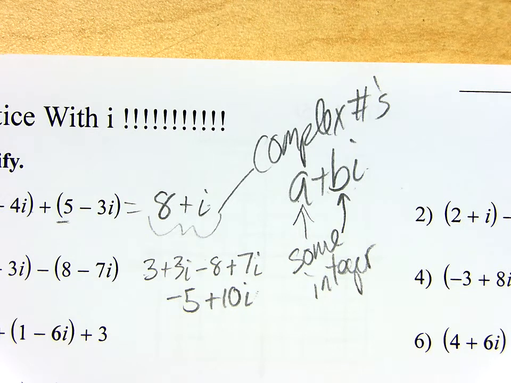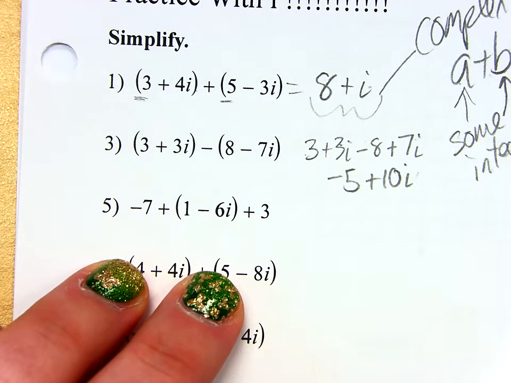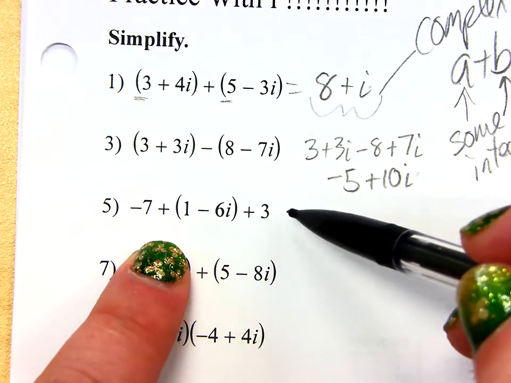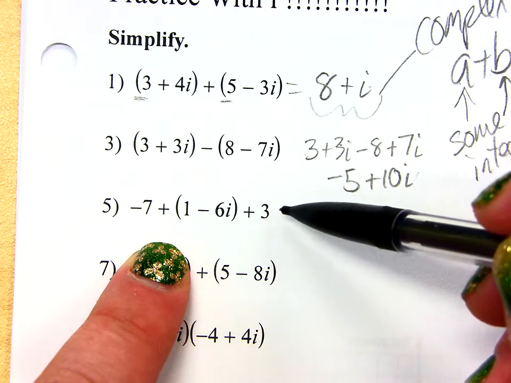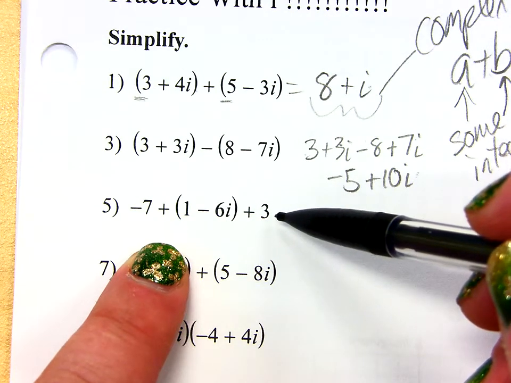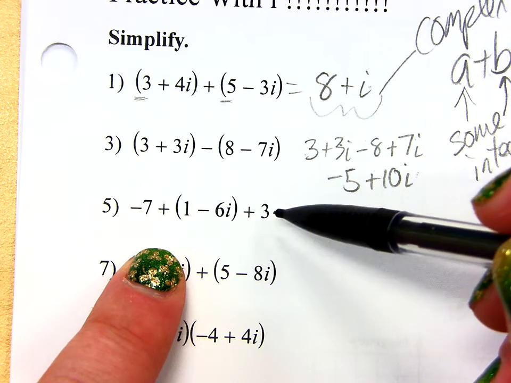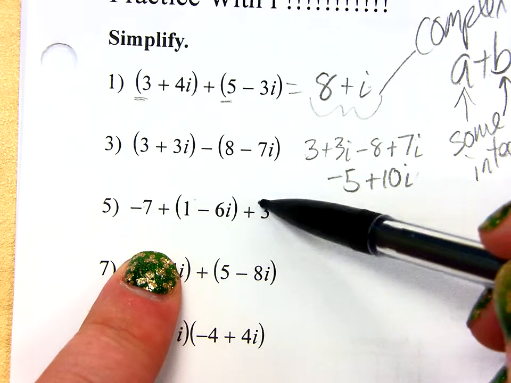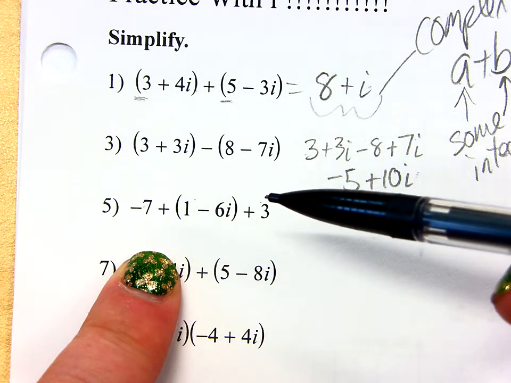Okay, let's jump down to one that looks a little different. 5. So, I don't have to distribute anything. So, if I combine all of my integers first, so everything that doesn't have an i on it, what am I going to get when I combine those together? -3.